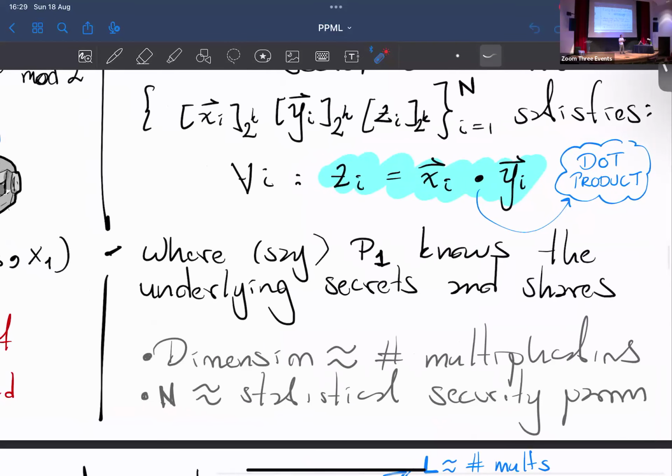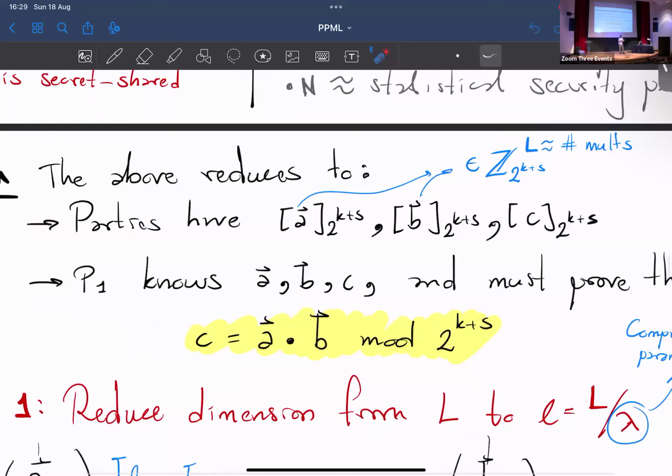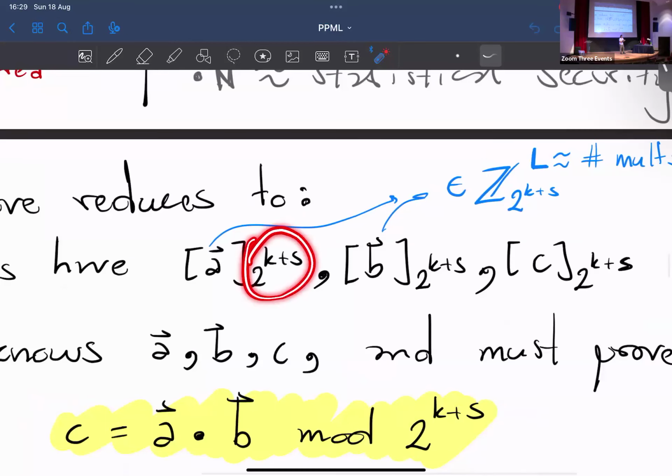What is less known, but I'm going to also just state it and not prove it, is that that reduces to proving one single dot product, not n of them, but only one, where the secrets are also around the number of multiplications, but this time the modulus is not exactly 2 to the k, it's 2 to the k plus a little bit more.